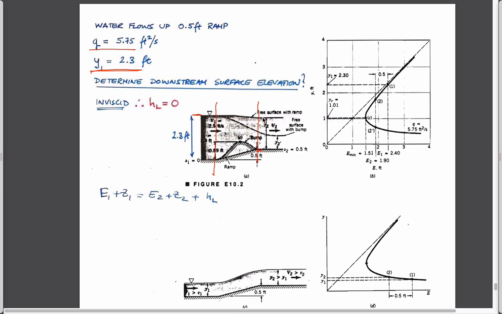So the question is, what is the depth of this flow at the downstream location? And so what you could do is, if you know the flow rate, if you know the upstream depth, certainly you can calculate from energy, y plus flow rate squared over 2gy squared.